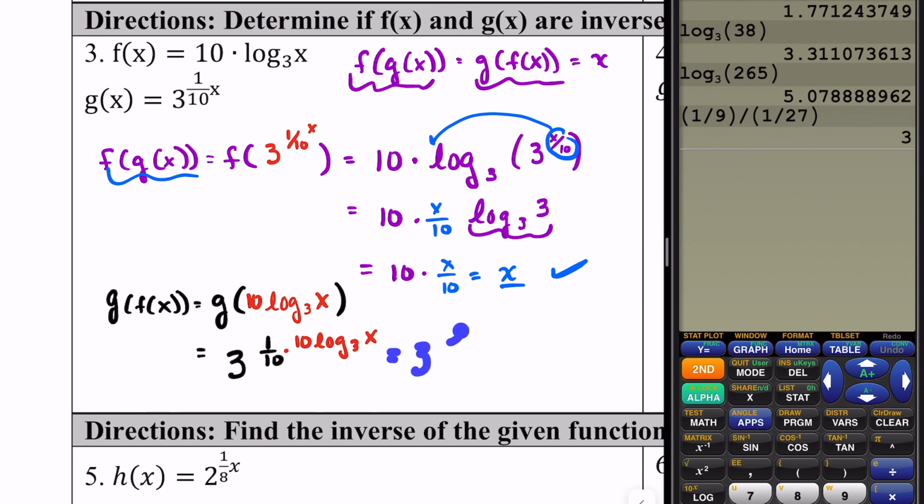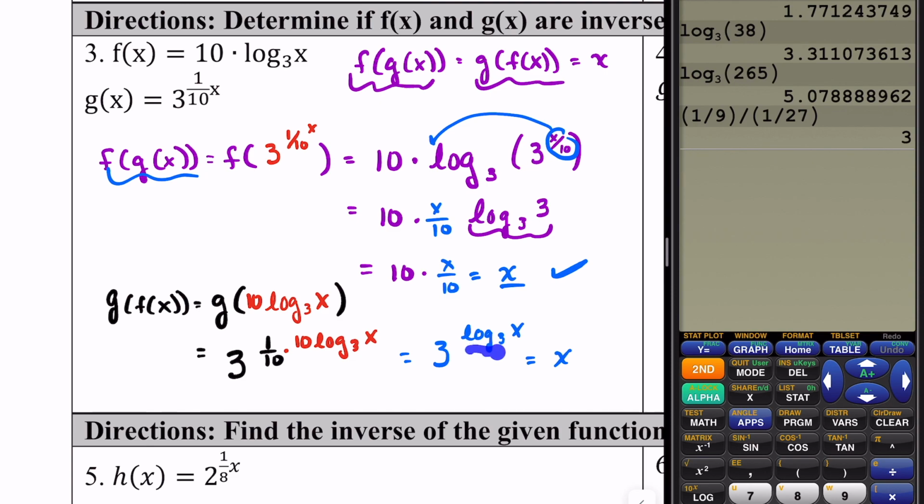3 to the log base, boy, that is really wide there. Here we go: 3 to the log base 3 of x, and this is just equal to x. 3 to the power and log base 3 are inverses of each other, and so those two knock each other out, and you just get x.